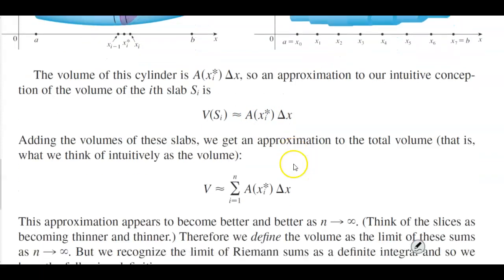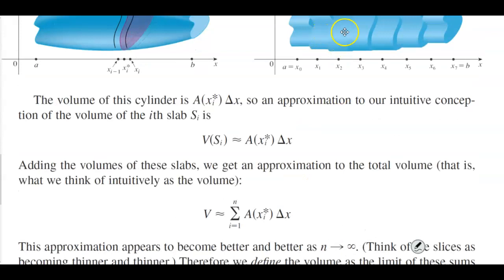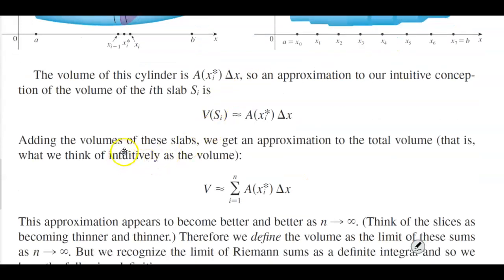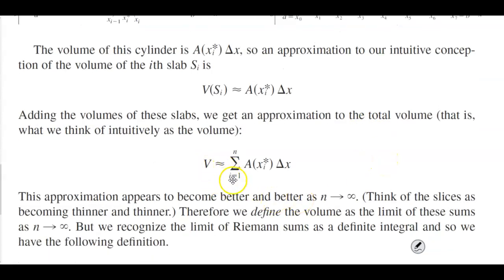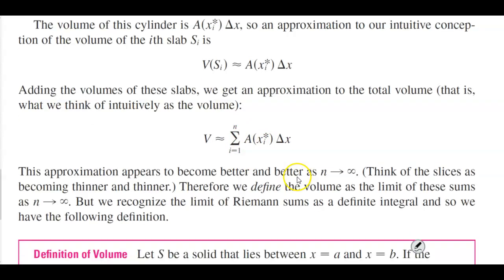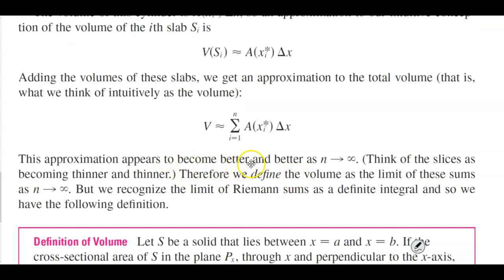Since we're going to have many more cross sections, it becomes a Riemann sum. Adding the volumes of these slabs, we get an approximation of the total volume: the sum from i equals 1 to n of A of x sub i star times delta x.